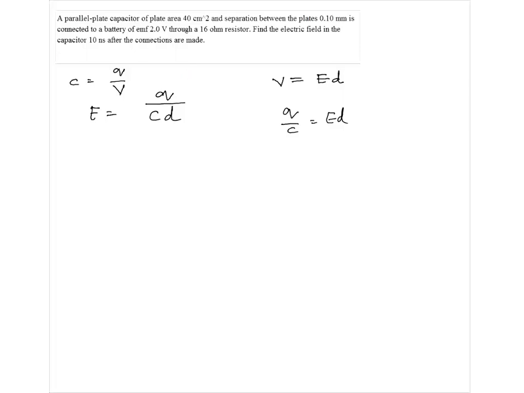And Q is found by, this is a charging case, Q is found by Q maximum, Q maximum (1 minus e to the power minus t by tau or RC).